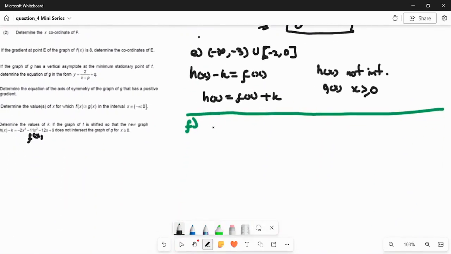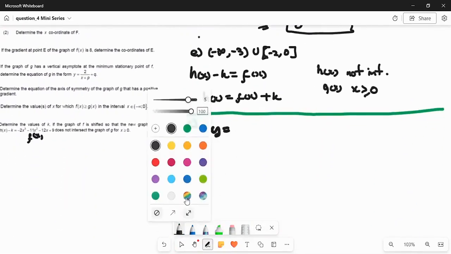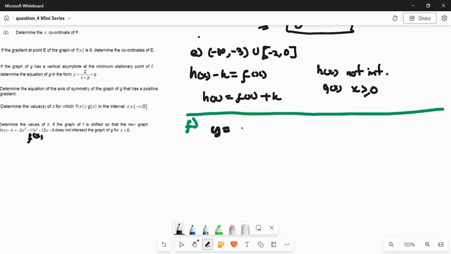The hyperbola is equal to 2 divided by x plus 3, plus 3. And to find the y-intercept, let x equal 0. So I'll have y equals 2 divided by 3, then plus 3. This is just the same as 2 plus 9, which is 11 divided by 3. So that means our g is intercepting at 11 divided by 3.